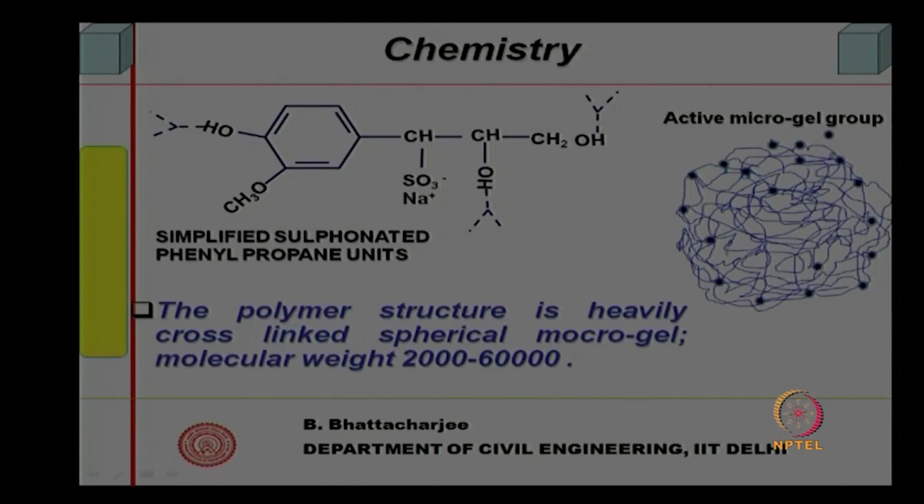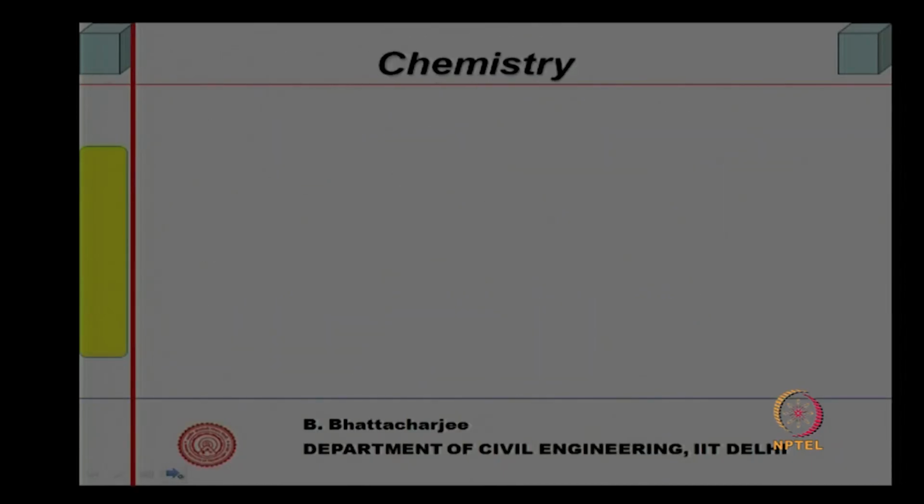So, it is almost like a heavily cross linked spherical microgel. That is what this structure forms, and its molecular weight varies from 2000 to 60,000, on the normal carbon 12 scale.